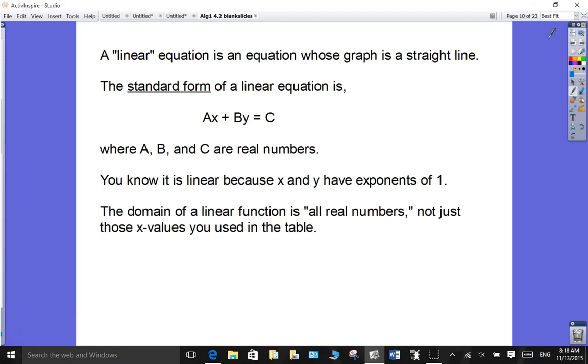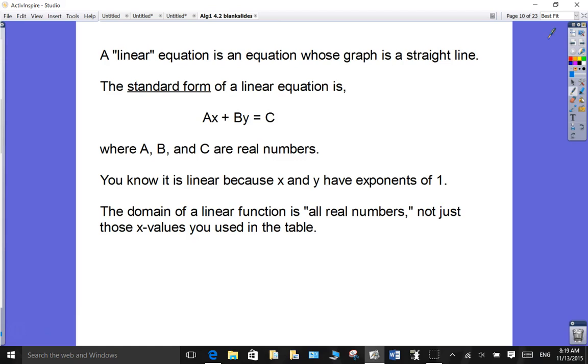The standard form of a linear equation is that. It can have an x term, a y term, and a constant term. That's ax plus by equals c. The a, b, and c are real numbers. They're just numbers of some kind. We may not know what they are before we start, but they are real numbers.